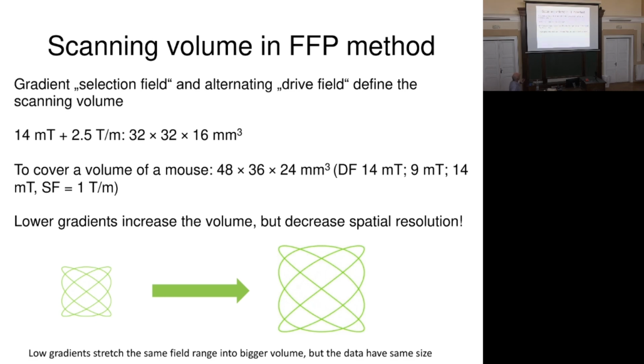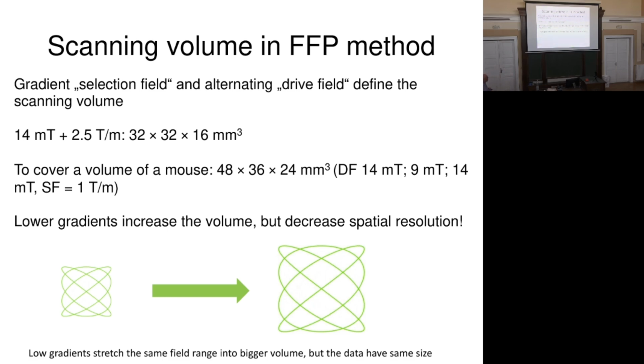If we want to cover the volume of a whole mouse, we either can increase the drive field, but we are already at the limit of what the machine allows, or we can decrease the gradients. So if the selection field is lower, then we can excite a bigger volume.